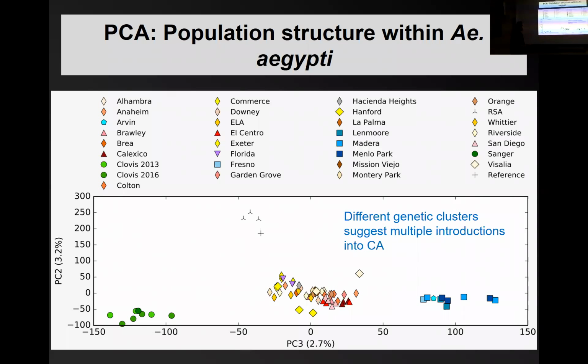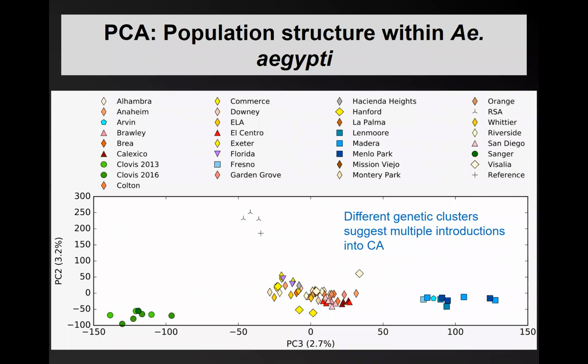Those from Southern California are genetically quite different from all the northern populations. And even in the northern populations, Madera, which is in the blue, is quite different from what we see in Clovis. And then here, it appears to be more admixture of populations.